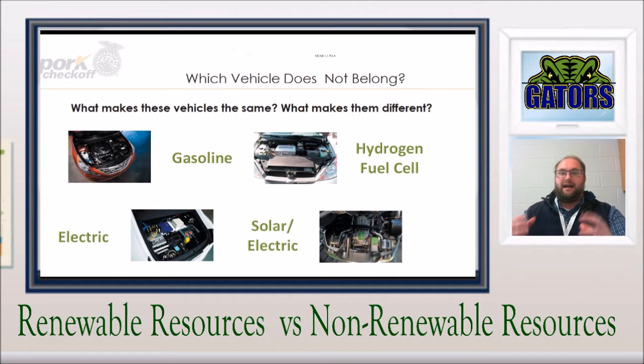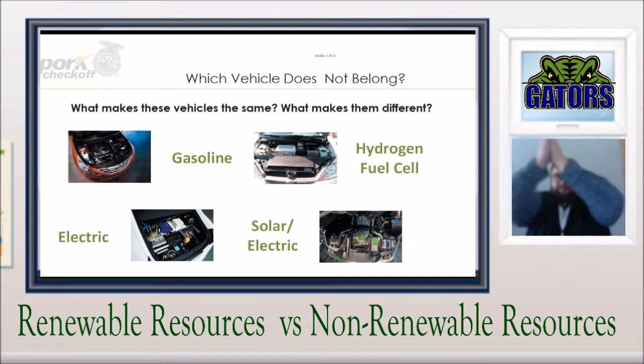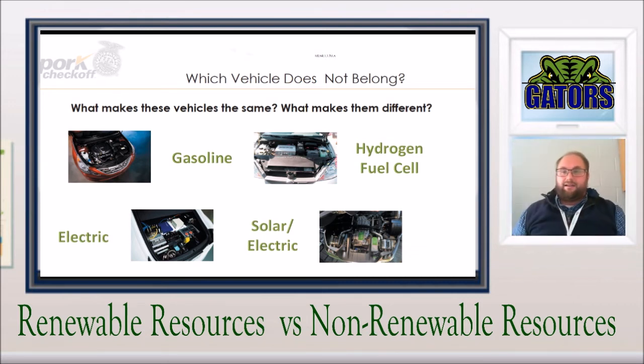It separates the oxygen and the hydrogen from the water, and it burns the hydrogen, powering the car. Then we have the battery operated electric car, and then we have the solar electric car.